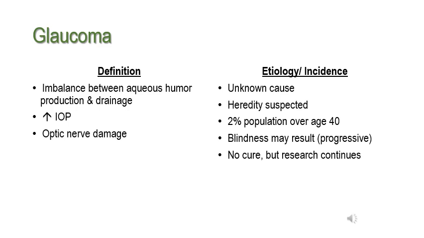So normal IOP, remember, is 10 to 21. As far as glaucoma, there's really an unknown cause, although heredity and genetic predisposition is suspected. Blindness may result. It is progressive. There is no cure, but a lot of research continues with glaucoma management.